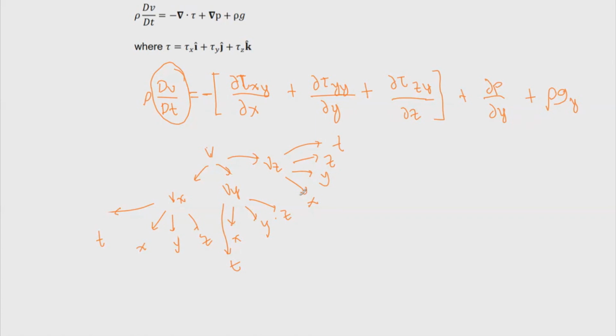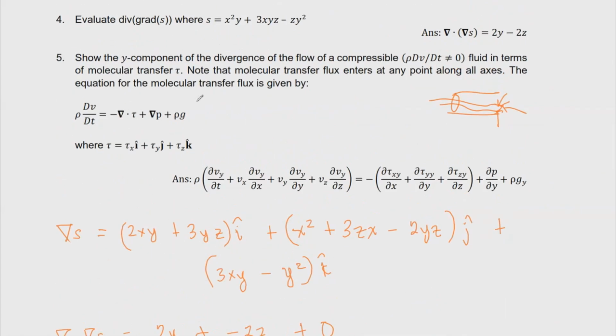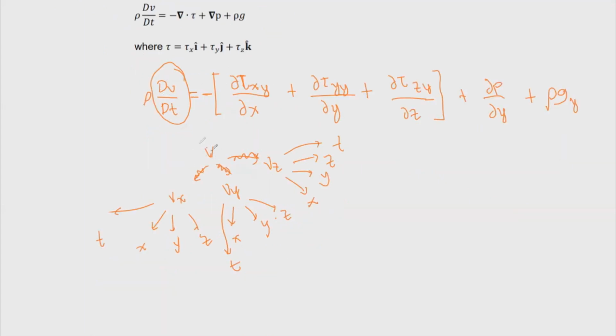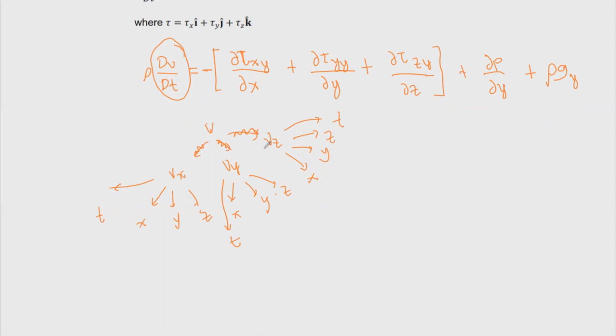But what we have to be reminded of is that if we're talking about the y component alone, we know for a fact that we need to find all of these x, y, and z. So to express this in terms of the velocity profiles alone, we just take y.